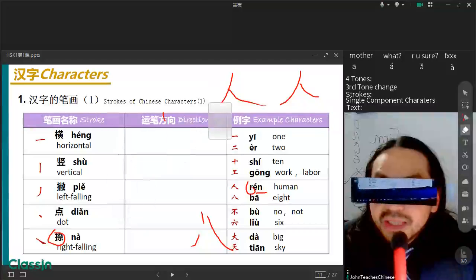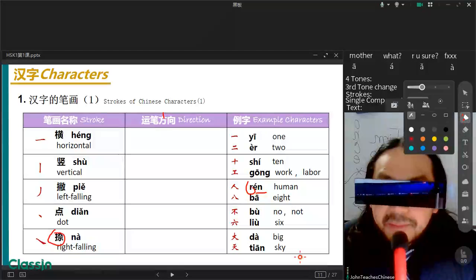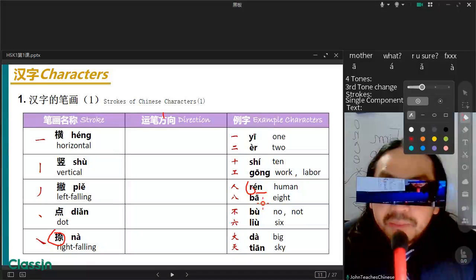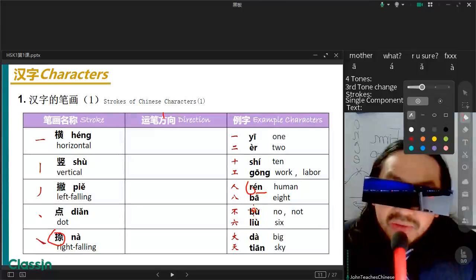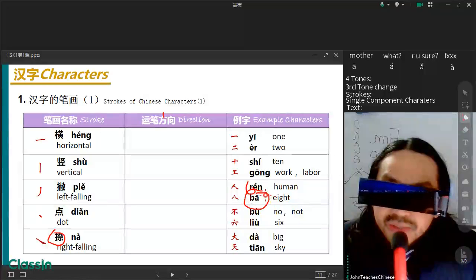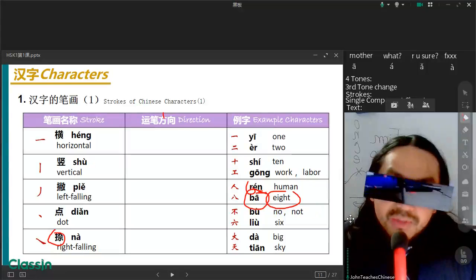Yes, it means 8 in Chinese. Read ba, ba, ba.